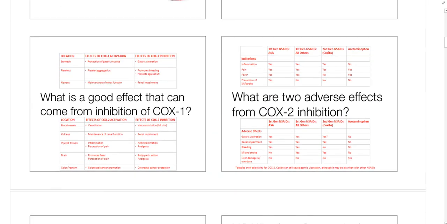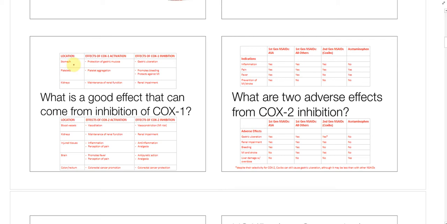Hopefully you all can see this. These are actually from the Lehne, L-E-H-N-E, pharmacology book. So there are different effects based on whether we're talking about the COX-1 or COX-2 activation or inhibition.